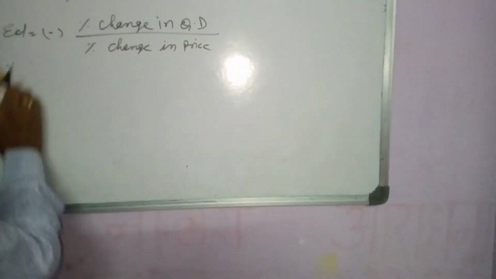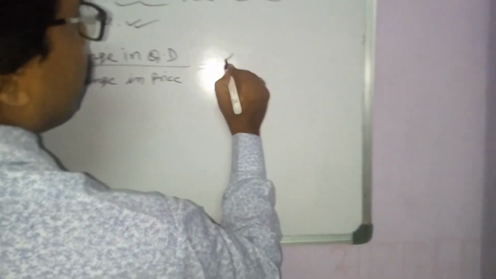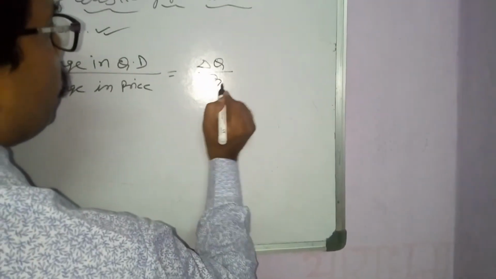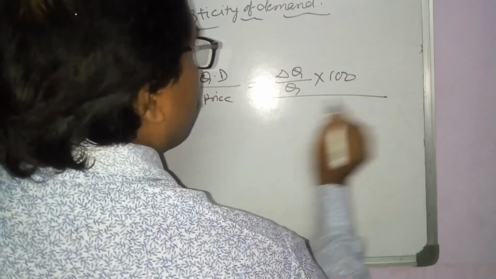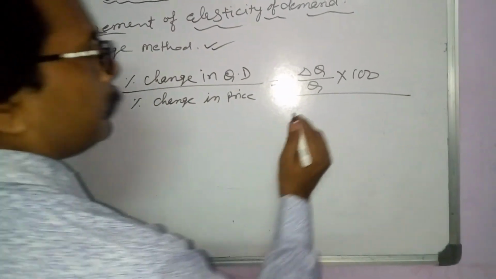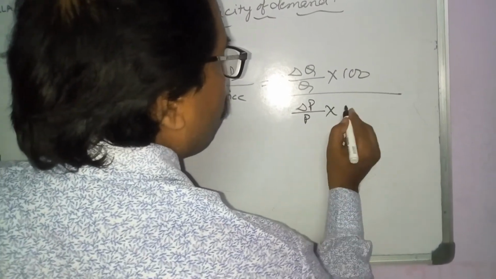What we have already calculated is delta Q by Q into 100. Now the division sign. Percentage change in price, what we have calculated, is delta P by P into 100.